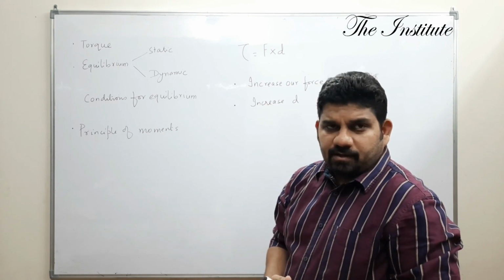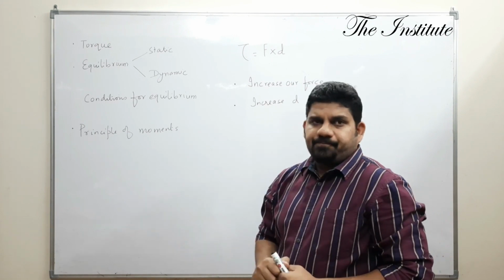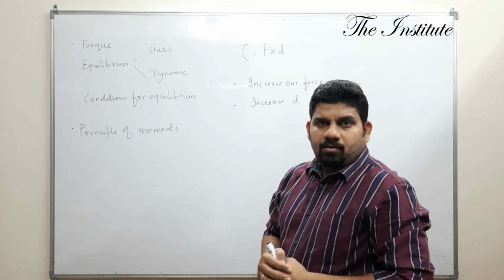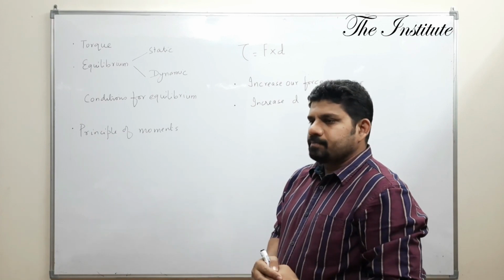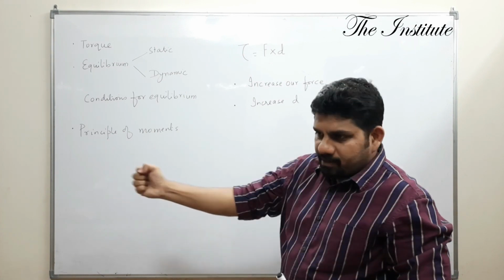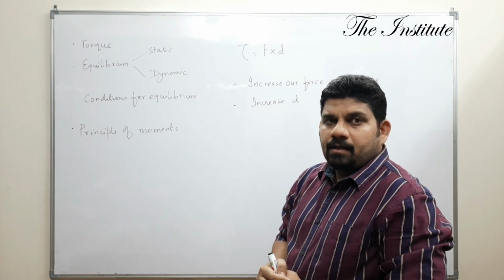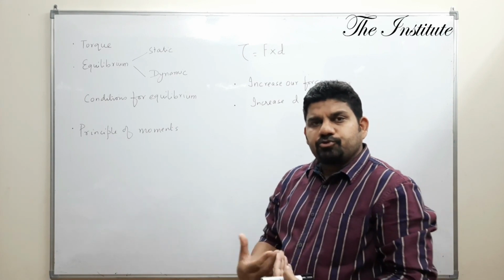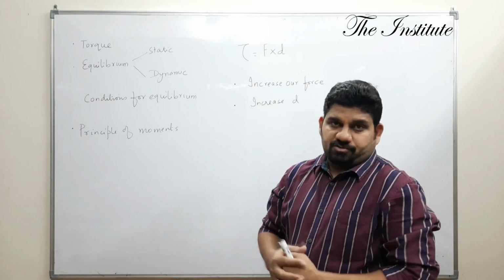Now in most of the cases, whether it's a door, whether it's turning the steering wheel of a car, of a bus, or whether it's the hand flour grinder, in all these cases nobody likes to use more force.